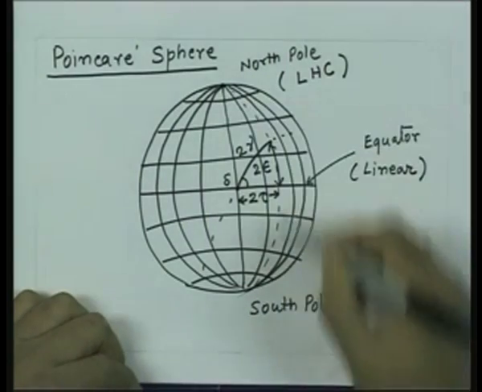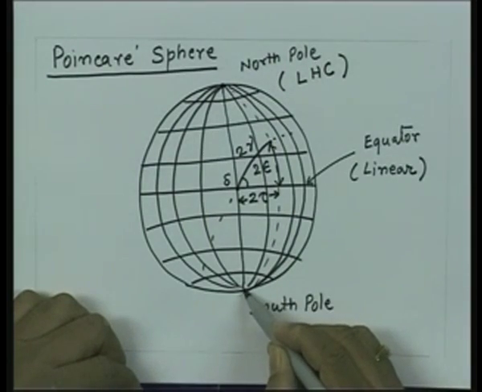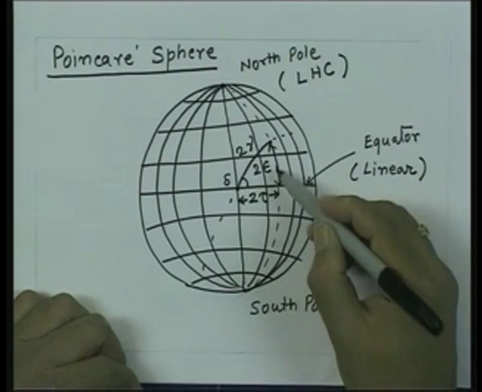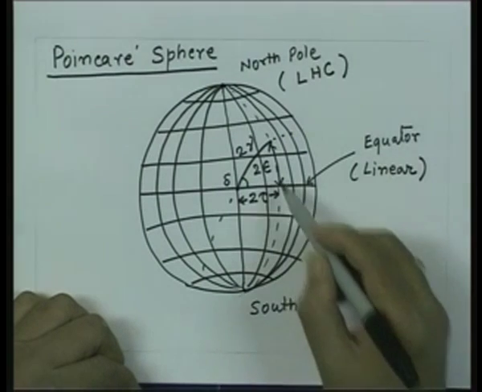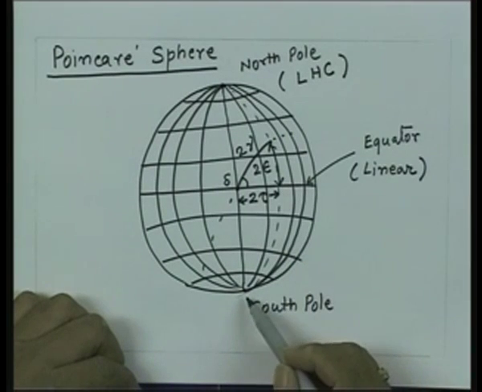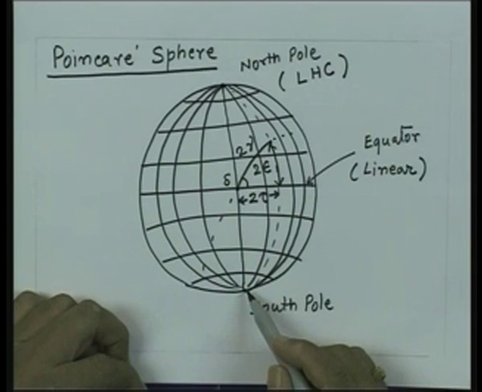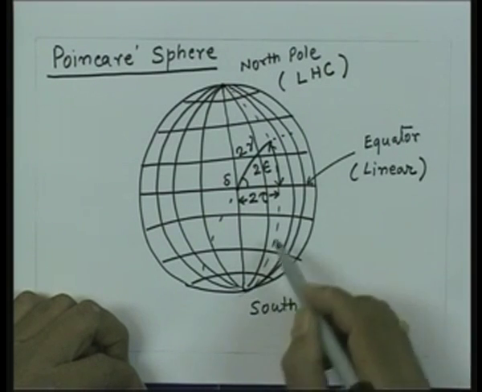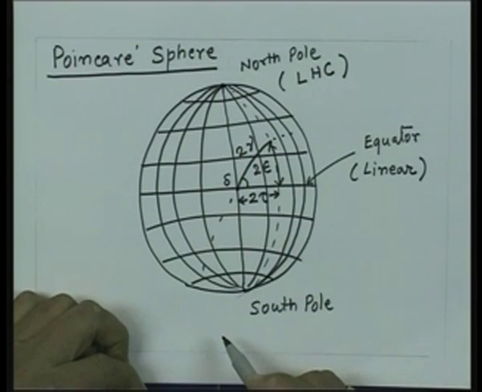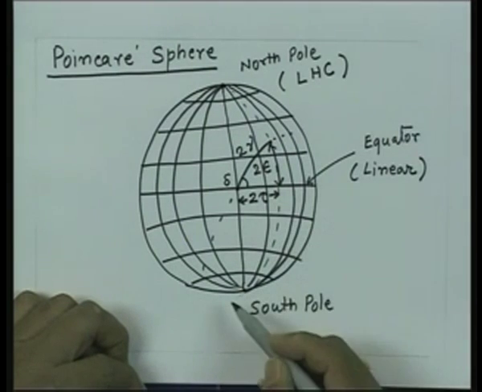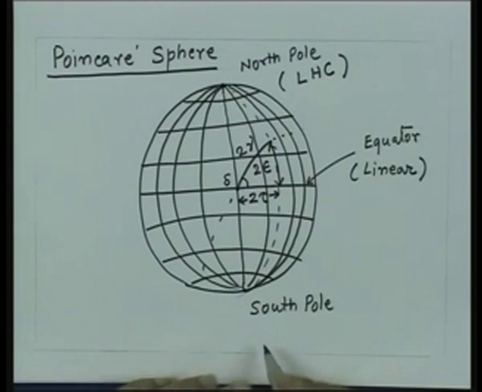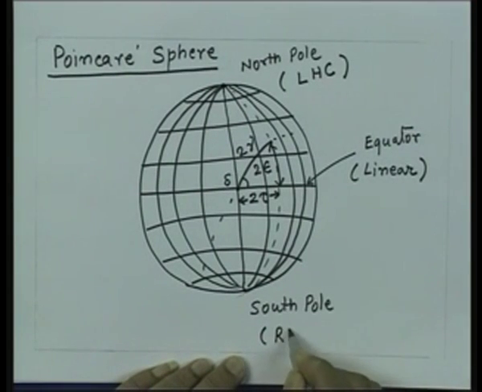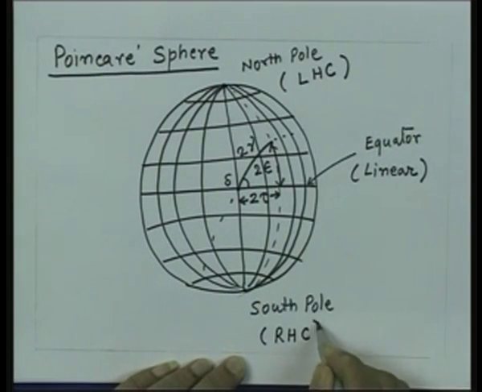By the same token, when I go to the south pole, 2 epsilon has become minus 90 degrees. So, epsilon is minus 45 degrees, and for this the axial ratio is 1, but the angle is negative, and we have seen that the negative angle is assigned for right-handed sense of rotation. So, this point represents right-handed circular polarization.